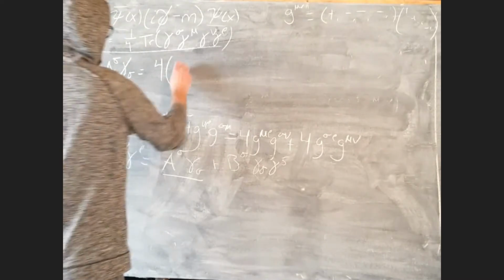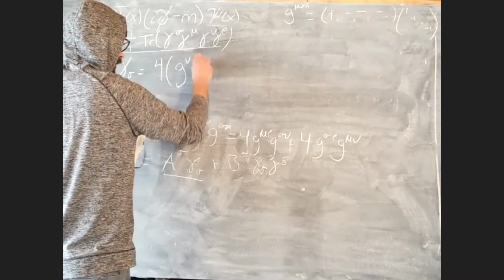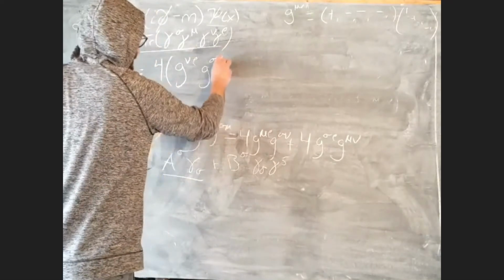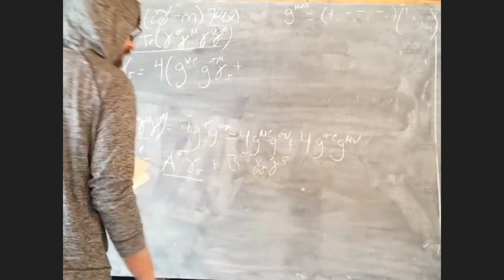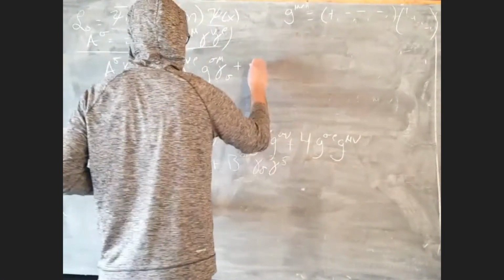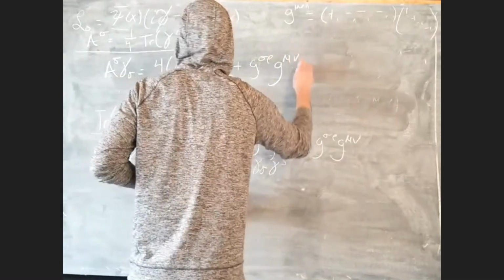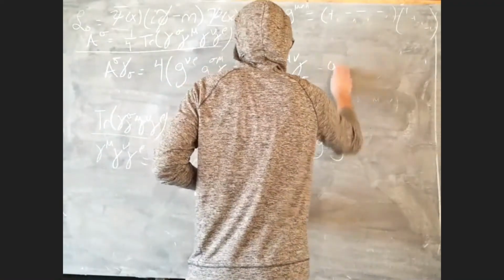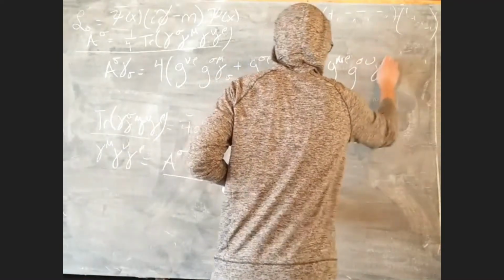And we'll write G nu rho G sigma mu times gamma sigma plus, we're going to write this one now, and it's going to be G sigma rho G mu nu times gamma sigma minus G mu rho G sigma nu gamma sigma.